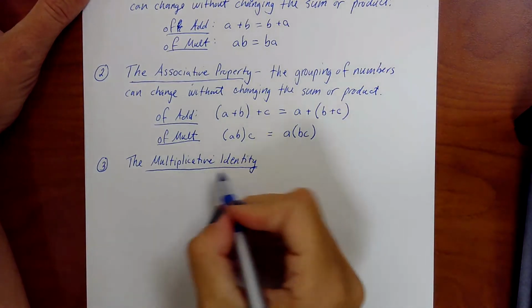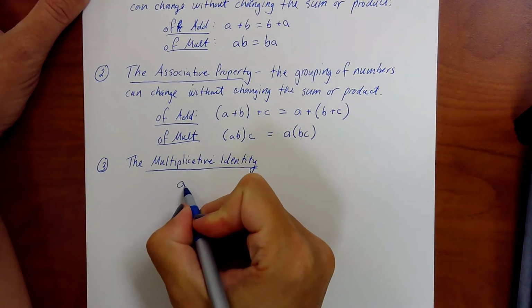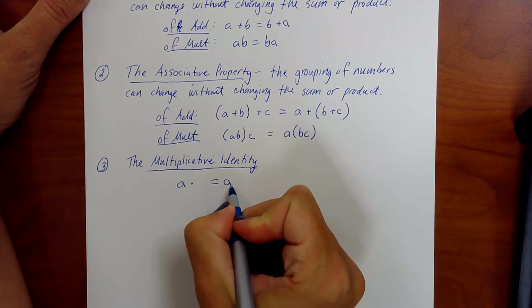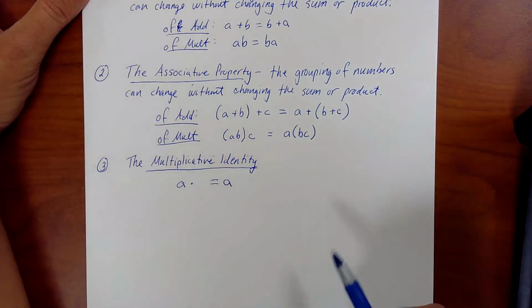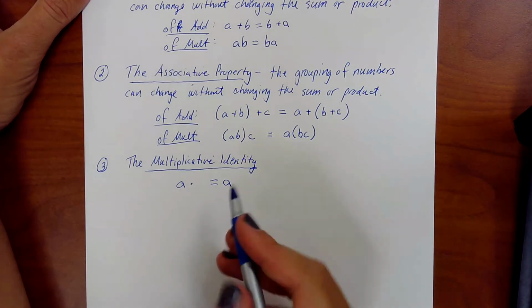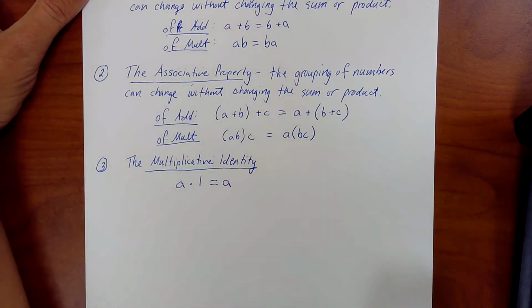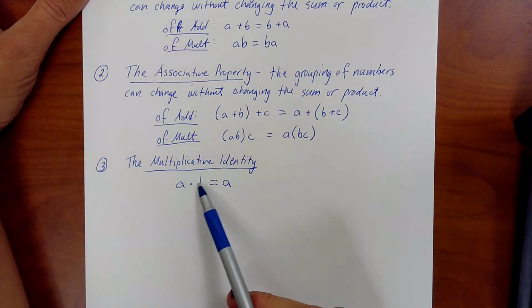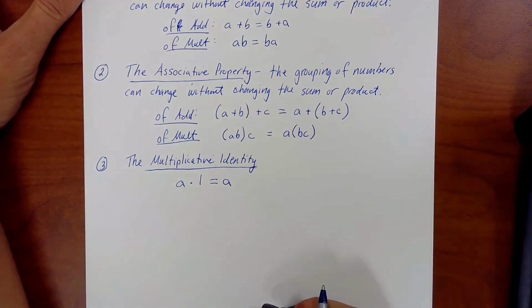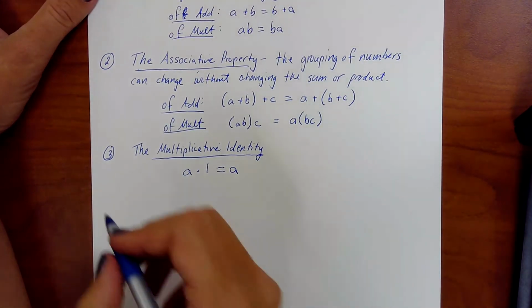So the multiplicative identity means you take something, you multiply it by something, and you get itself back, its identity back. And you probably know what's going to go there, right? A times what is going to give you A? 1. So basically it's just saying anything times 1 gives itself right back, which you already knew, but now you know the name of the property.